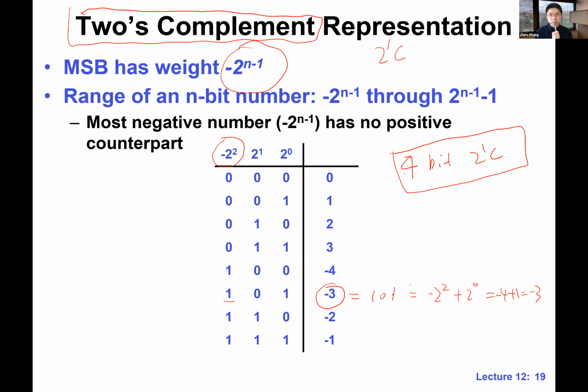Very good, -8 to 7. See here, the most negative number is this, and if you plug in n equals 4 here, you get -8.